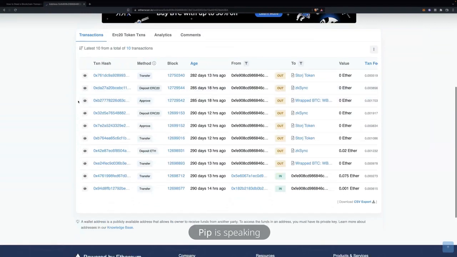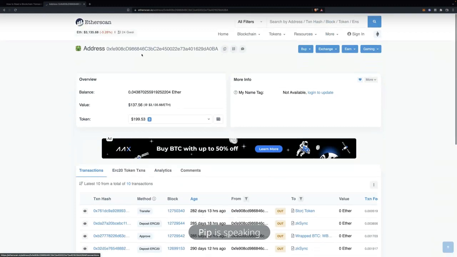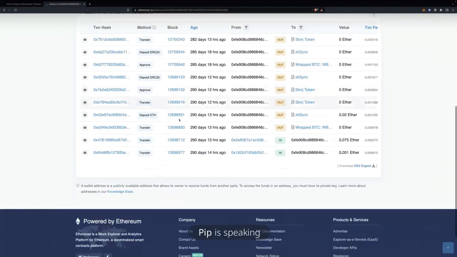One very minor thing that I wanted to tell you is that when you go to transactions, smart chains such as Ethereum and BSC actually tell you a little bit about what that transaction involved. So in this case, transfer simply means some coins or some tokens went from this address to another address.